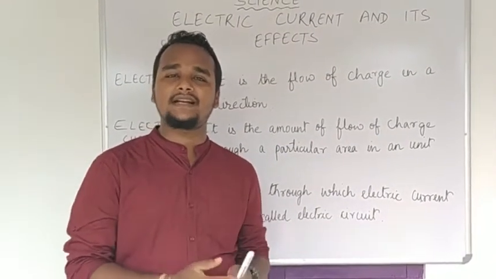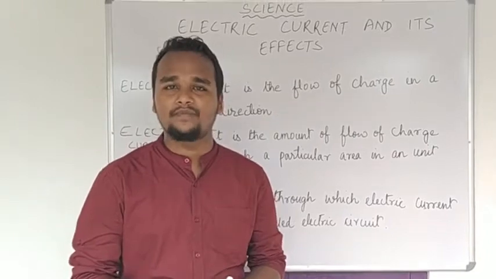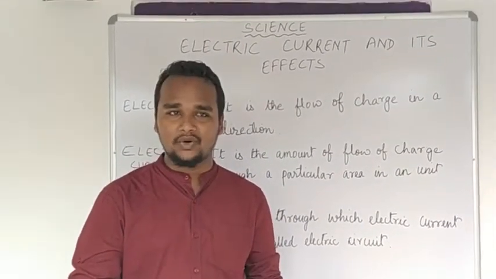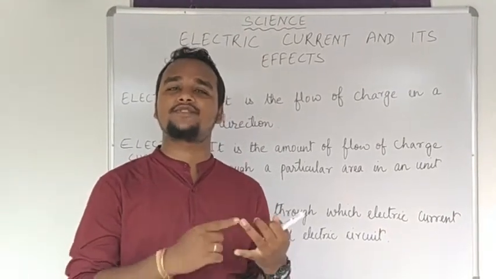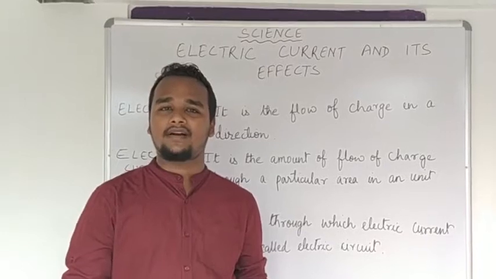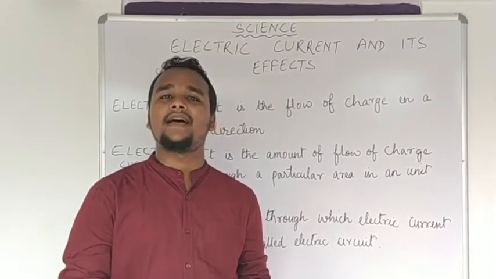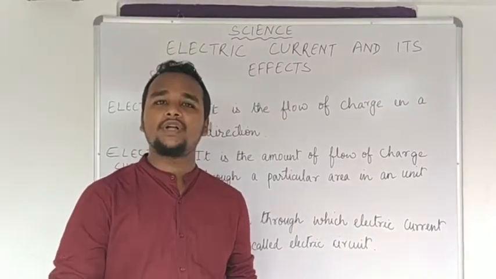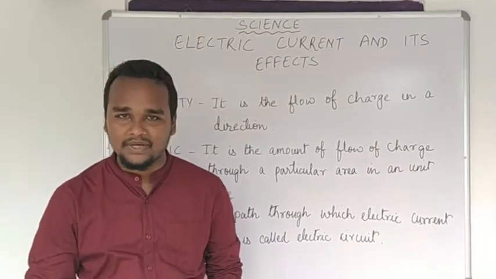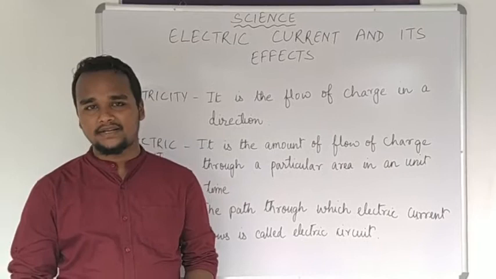An electric circuit is present in everyone's home, those who have electricity. An example of a component of an electric circuit is a switch. A component of an electric circuit is a wire. A component of an electric circuit is a bulb. So the connection which is present in your home is also an example of an electric circuit only.